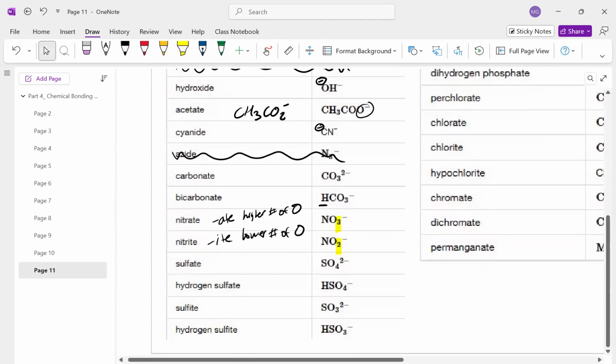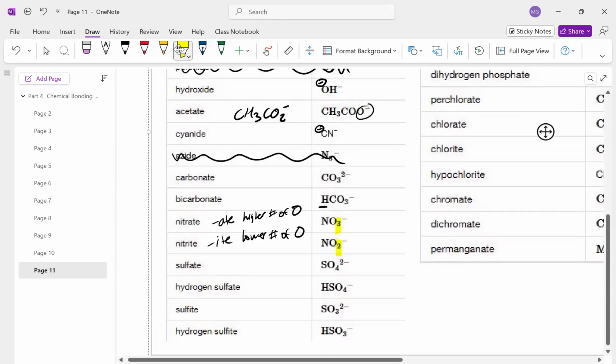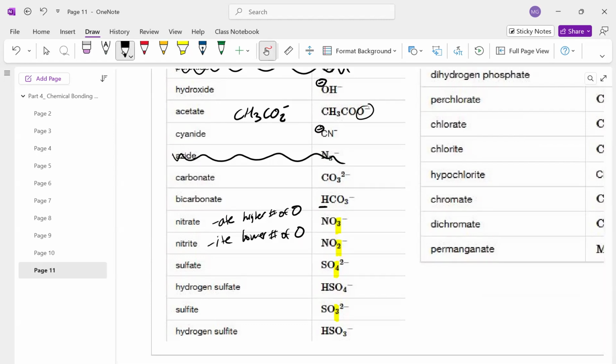Now we see the same thing with sulfate. Just kind of look at sulfate and then go down to sulfite. The difference between sulfate and sulfite, same charge, different number of oxygens. Now, if you throw a hydrogen onto sulfate, it becomes hydrogen sulfate, HSO4 with a charge of -1.